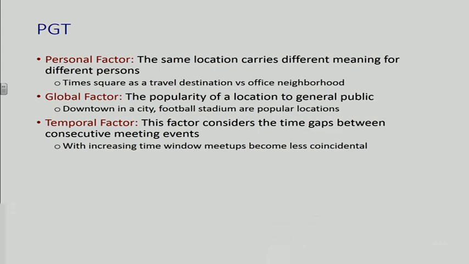For example, downtown in a city or a museum can be popular locations, and meeting in such popular locations is more likely to be coincidental rather than an indicator of some sort of relationship. Meeting in a more private space, let's say in someone's home, is a strong indicator of some sort of relationship between the users. Finally, there is the temporal factor that considers the time gap between consecutive meeting events. I'll come back to that in a couple of minutes.